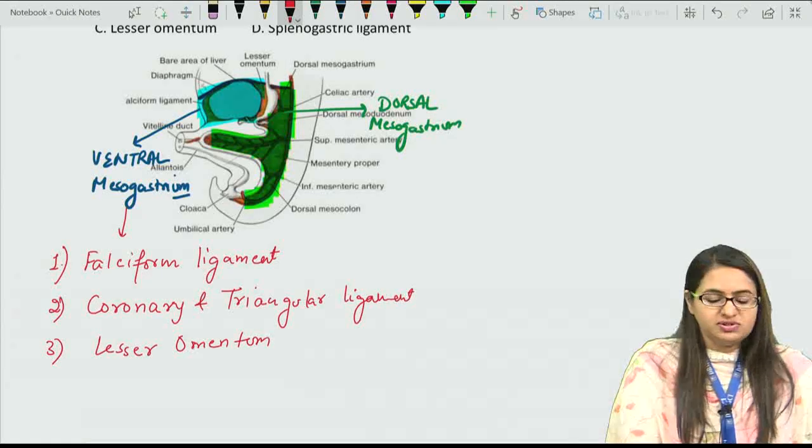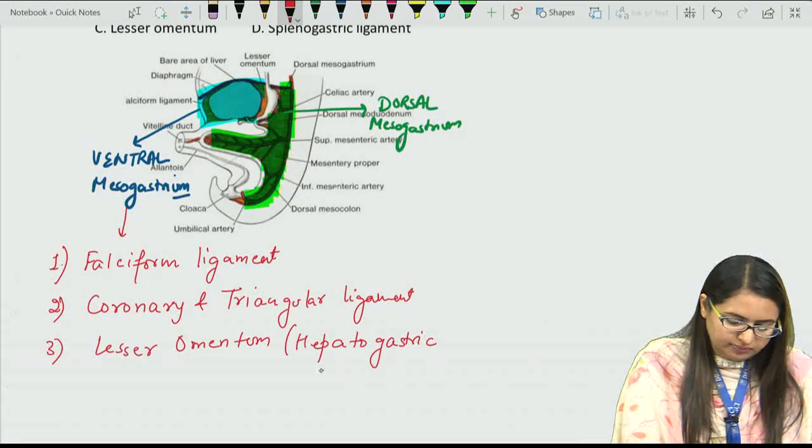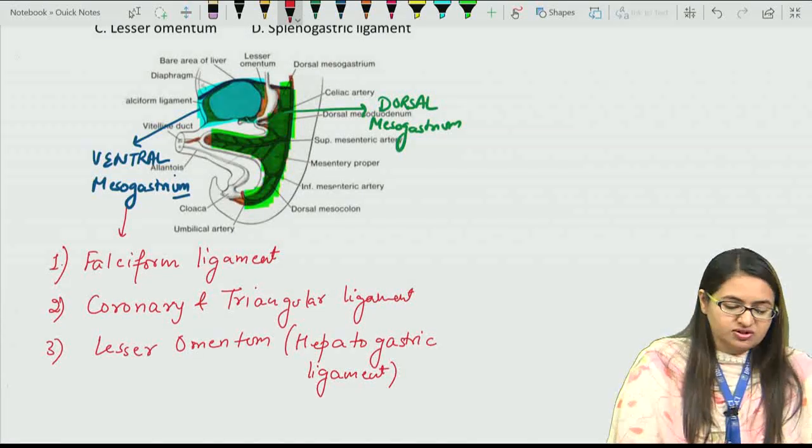Now because the lesser omentum is extending from the liver to the stomach, it is also known as hepatogastric ligament.